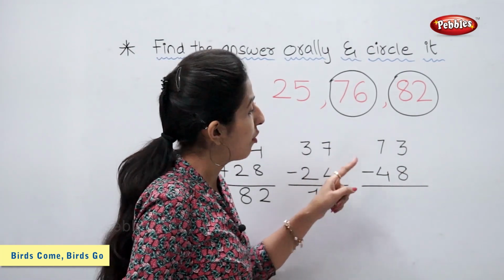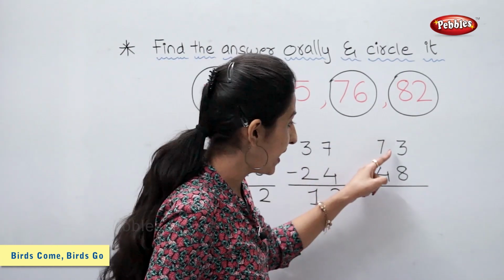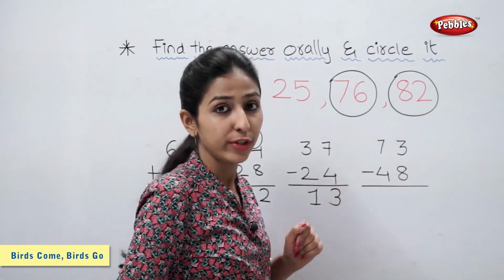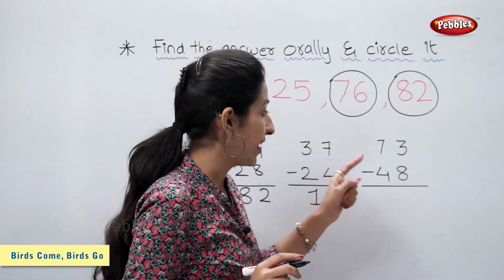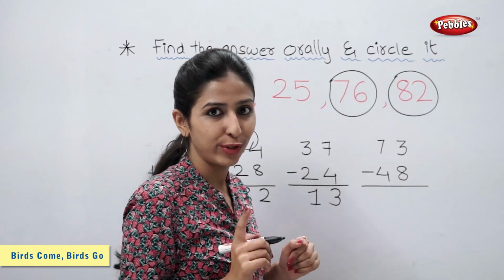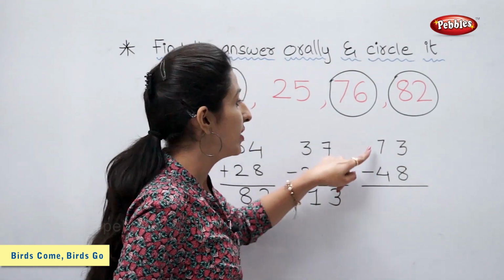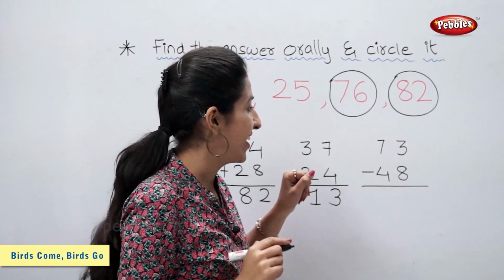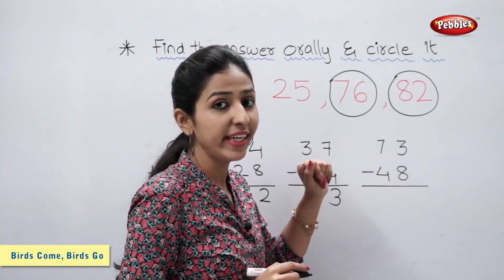73 minus 48. 3 minus 8. Students, we cannot subtract 8 from 3. So, let's borrow. 7 becomes 6. 3 becomes 13.